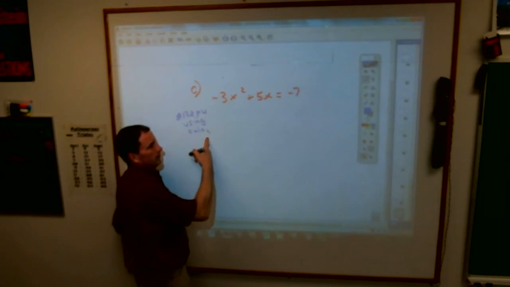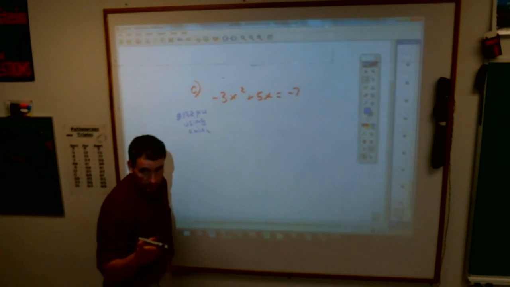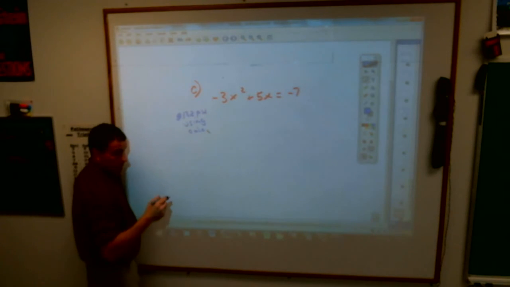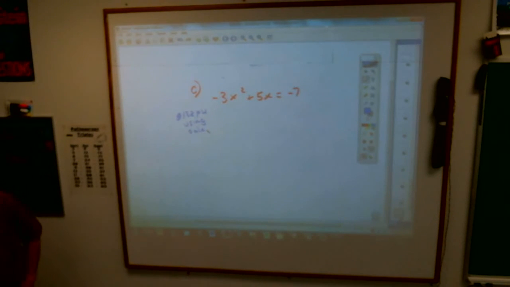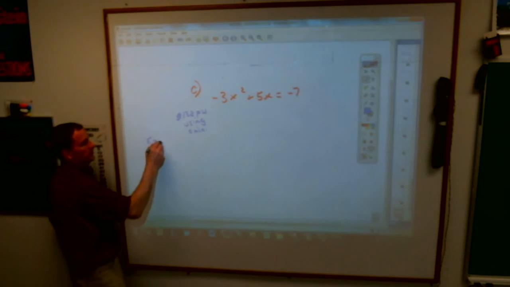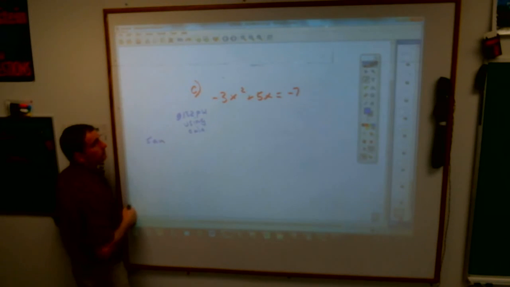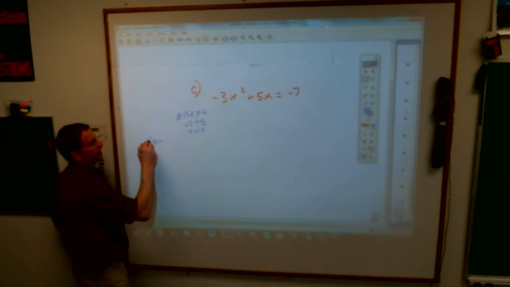In order to graph it with the calculator, the first thing you have to do is write it in standard form, which means set it equal to 0 or make it function notation.